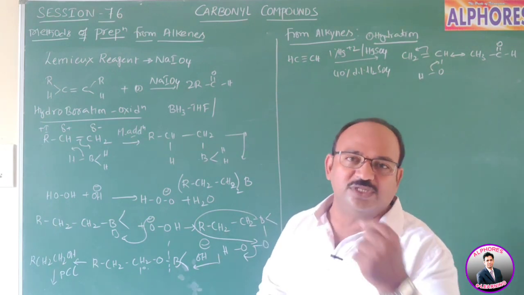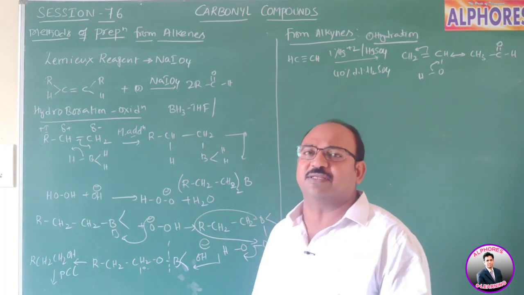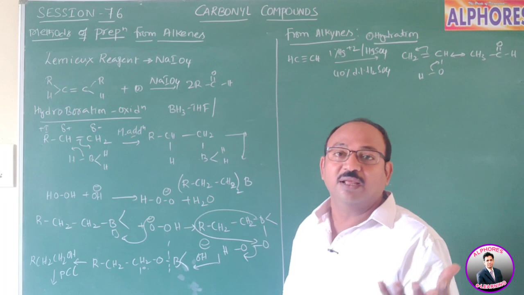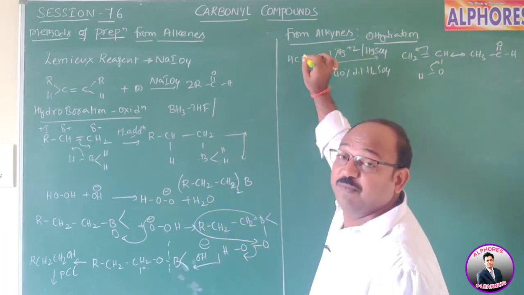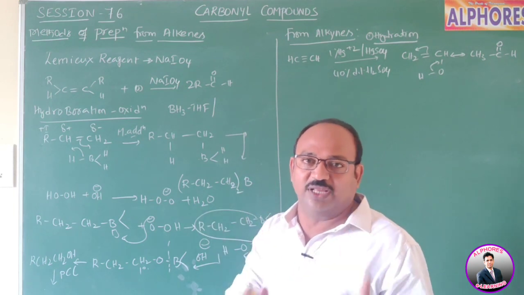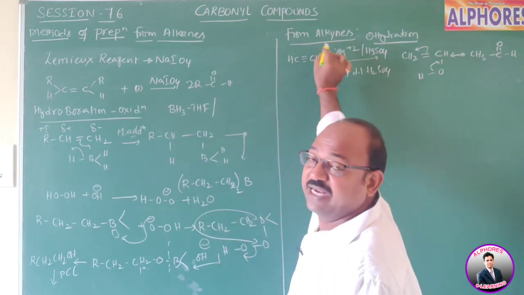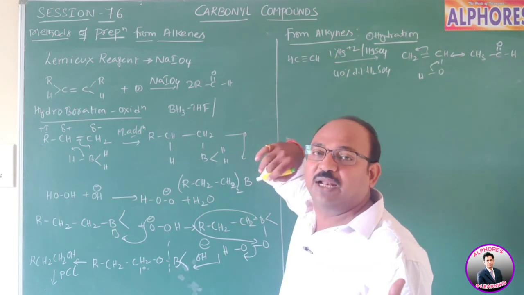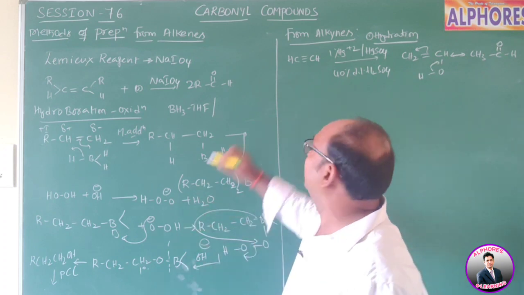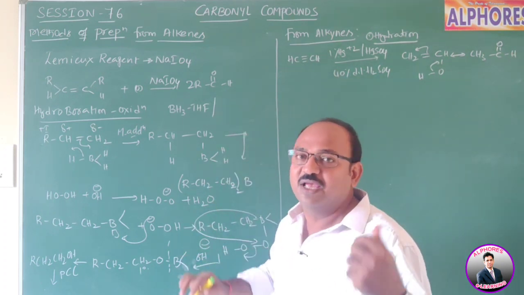If we did not use Hg2+, what is the role of Hg2+? It is only a catalyst. It makes that triple bond polar. First of all, Hg2+ attacks the triple bond center, the electron rich center, and makes that center polar. Until Hg2+ attacks the triple bond center, it does not become polar and still remains non-polar.